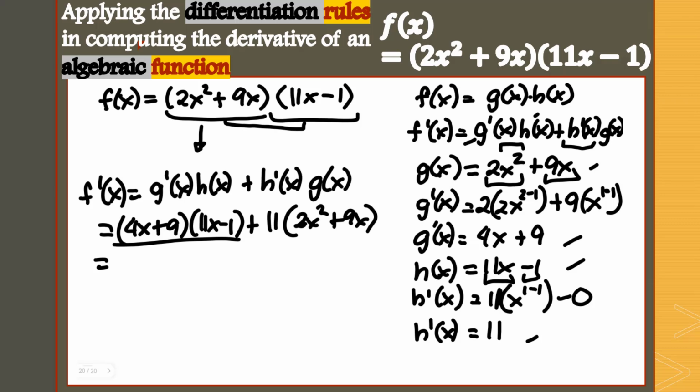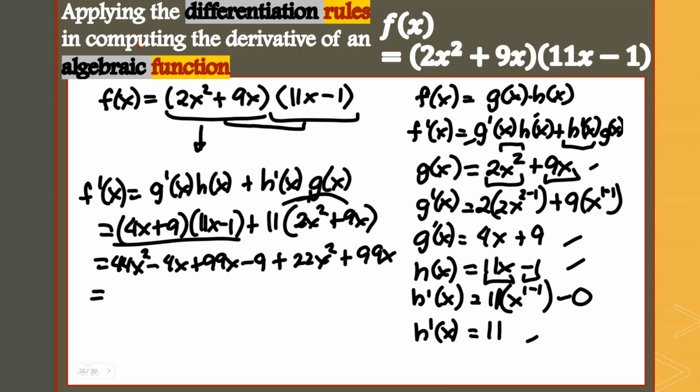So bear with me, you will have here 44x squared for your first term, outer terms is minus 4x, inner term is plus 99x, and last terms is minus 9. Plus, simply distribute that 22x squared plus 99x. So a little bit large, but of course, let's simply continue here. 44x squared plus 22x squared is 66x squared.